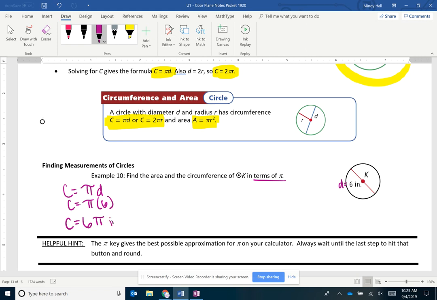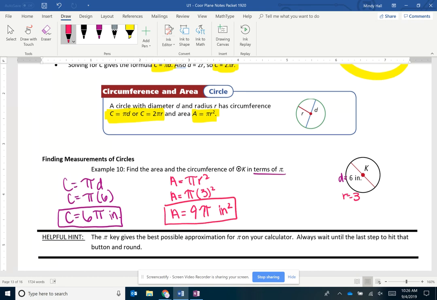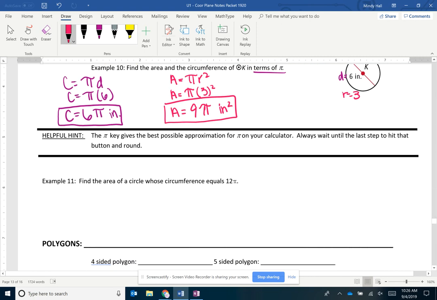And that would be inches, because circumference is just a measurement, not squared. Then area is pi r squared. Our radius is going to be half of that, so it's going to be 3 instead of 6. So 3 squared is 9, and since we're keeping it in terms of pi, it is 9 pi inches squared.